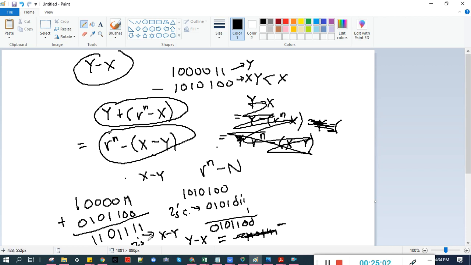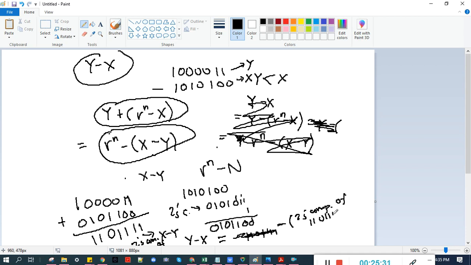This is the 2's complement of x minus y. So we need to invert this again. Negative 2's complement.